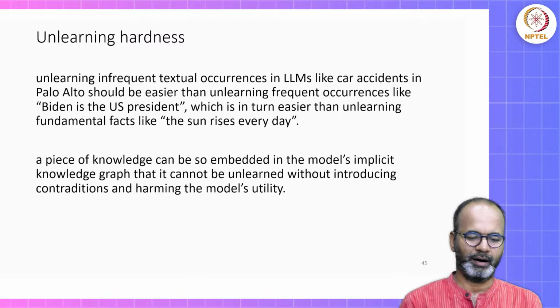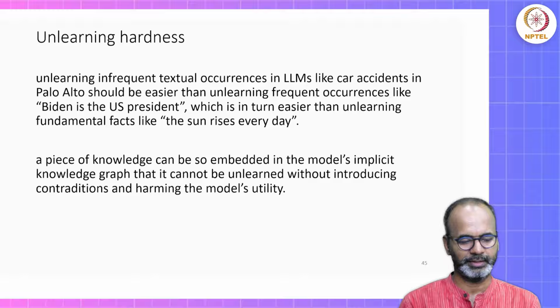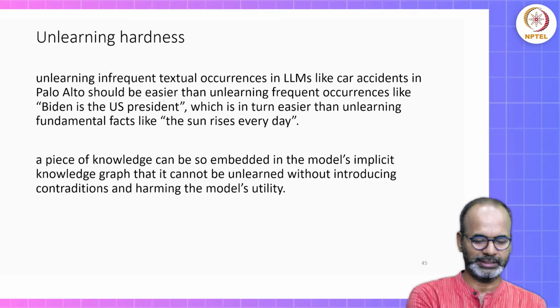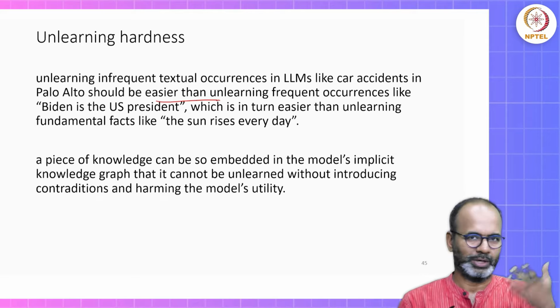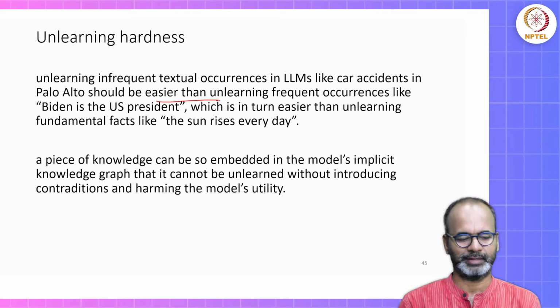It's actually very hard to do unlearning. Unlearning infrequent textual occurrences in LLMs, like car accidents in Palo Alto, should be easier because it rarely happens, so removing that may be easier.